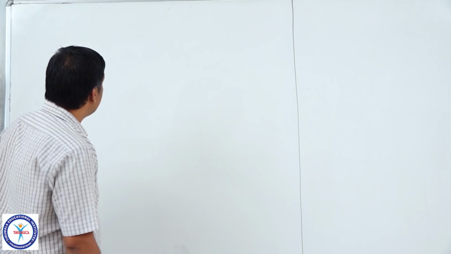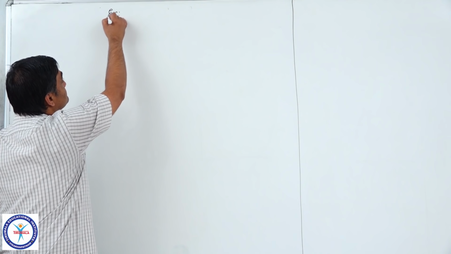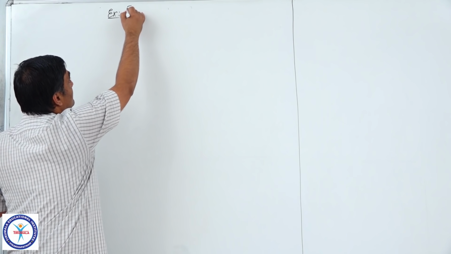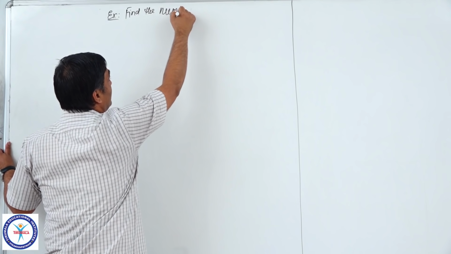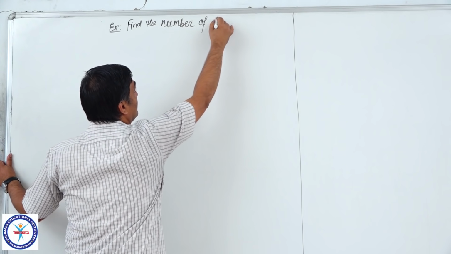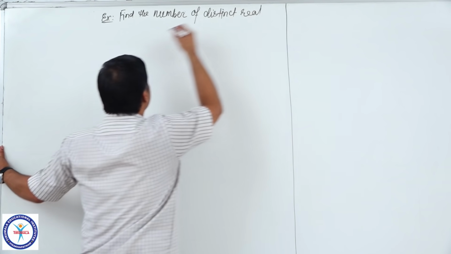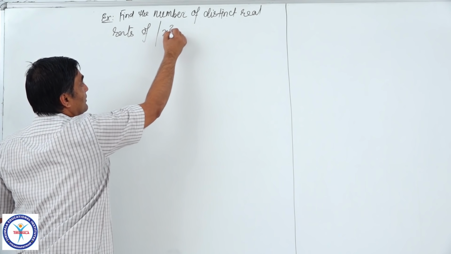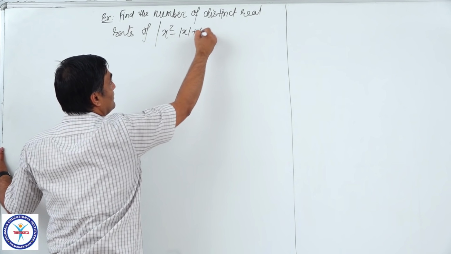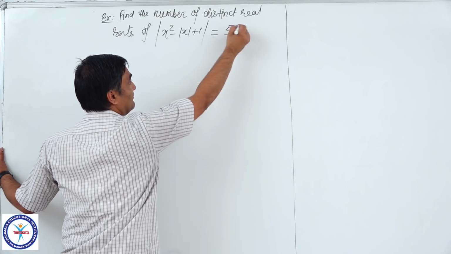Now let's take another example. Find the number of distinct real roots of the equation, equal to say 5.